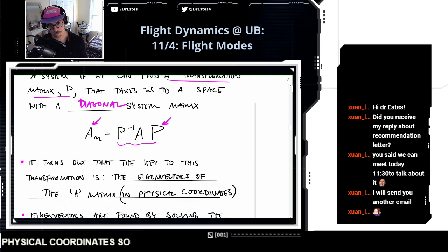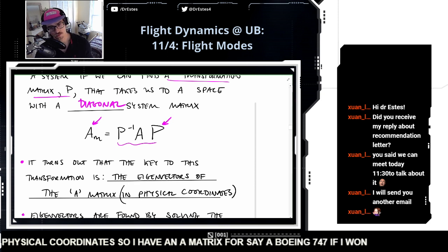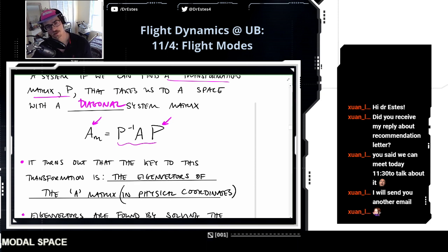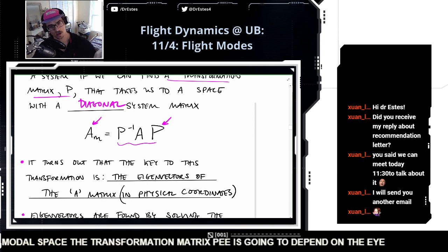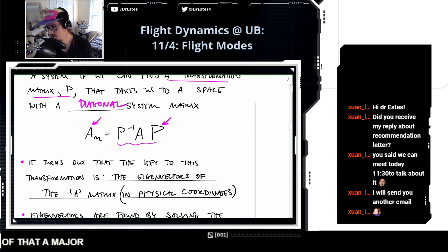So I have an A matrix for, say, a Boeing 747. If I want to go to this modal space, the transformation matrix P is going to depend on the eigenvectors of that A matrix in the physical space. And we'll show you how in just a second.